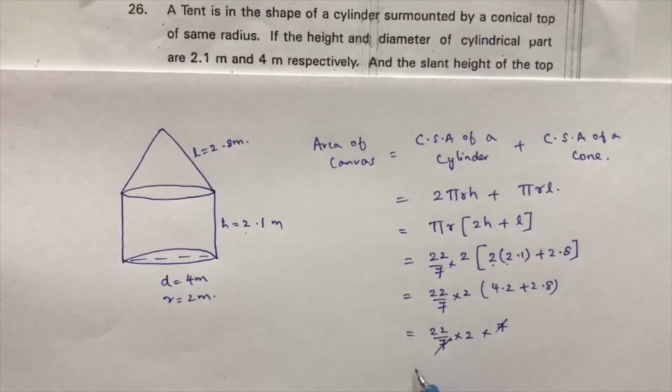The 7 and 7 cancel, so the answer is 44 meter square. So the area of the canvas is 44 meter square.